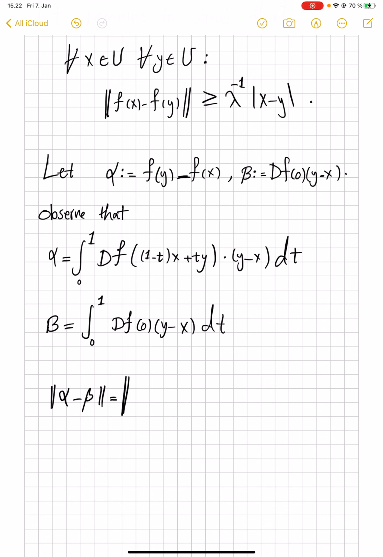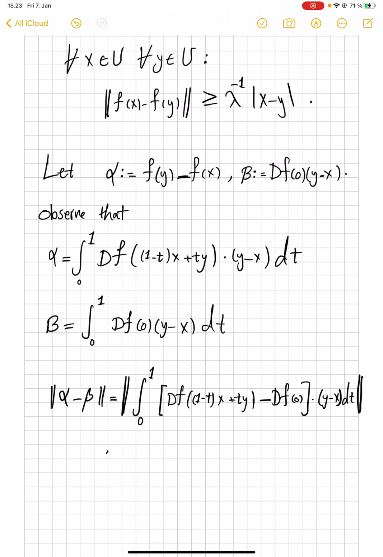this is the integral from 0 to 1 of the derivative of f at a point along the curve x, ty, times y minus x, but I want to factor that out. So df at 0 now times this matrix times y minus x, dt norm.